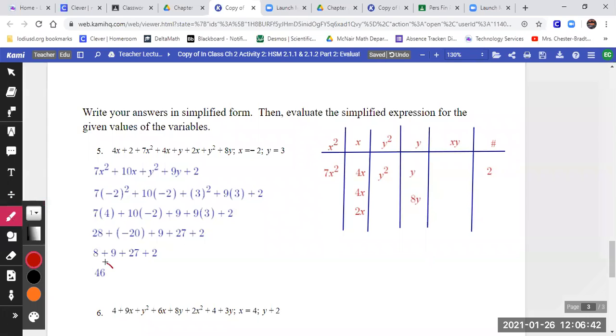That is part of the final answer, and this simplified form is the other part of the final answer. Okay?